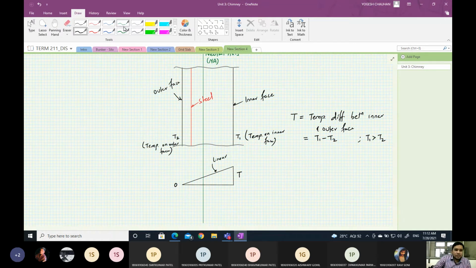So we can find the temperature stress at this level. We can find the temperature at this level corresponding to the steel. So for that, let Tc be the thickness of this concrete shell.